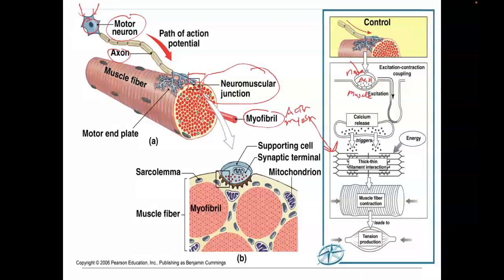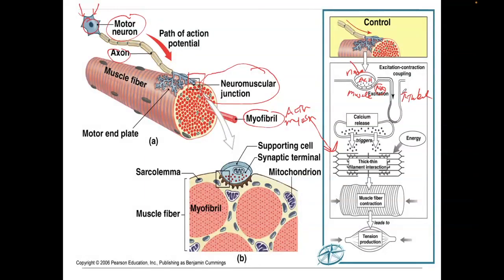This is the nerve side. The acetylcholine crosses this space that's called the synaptic cleft. It's going to bind to receptors. That's where that sodium rushed in, moved down the T tubule.